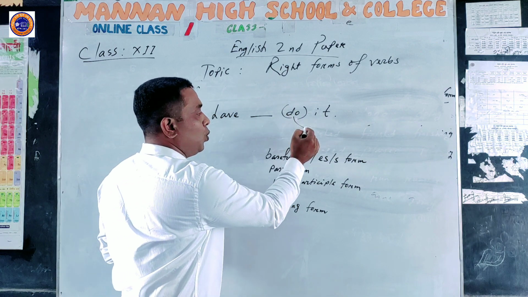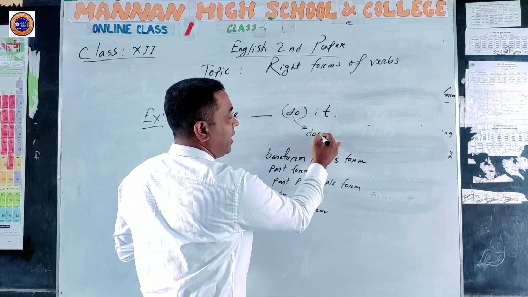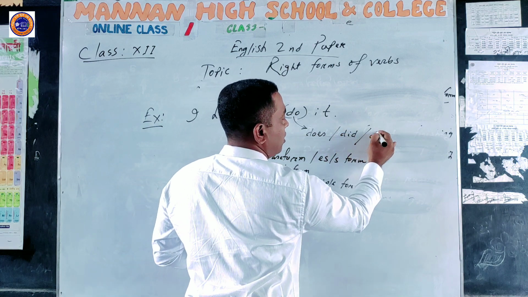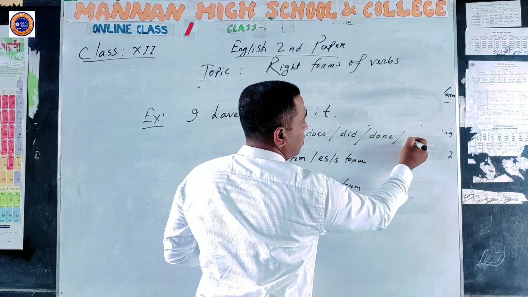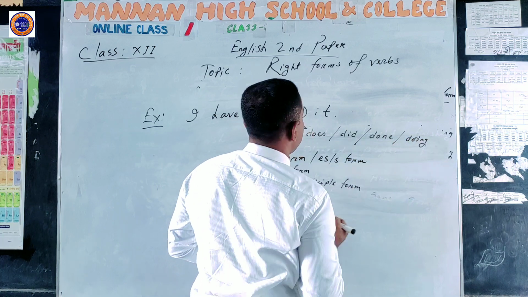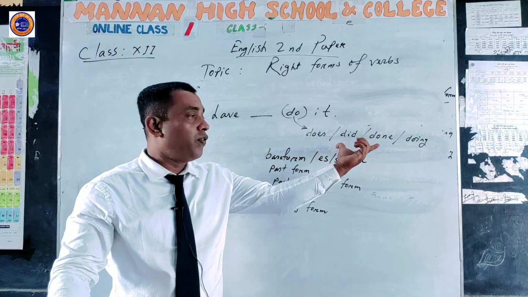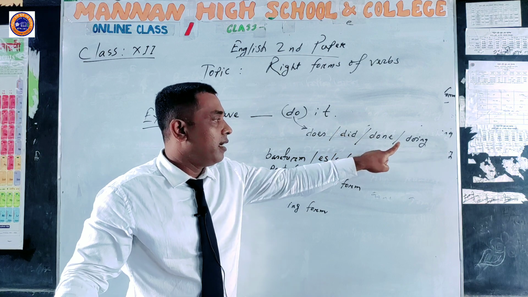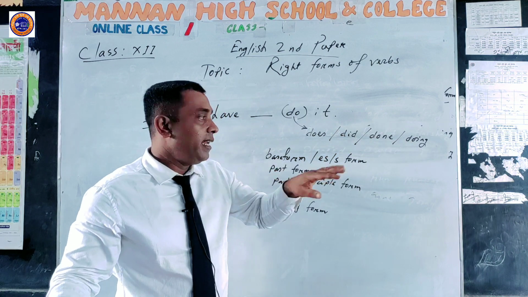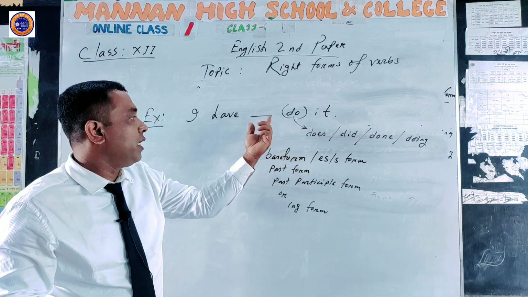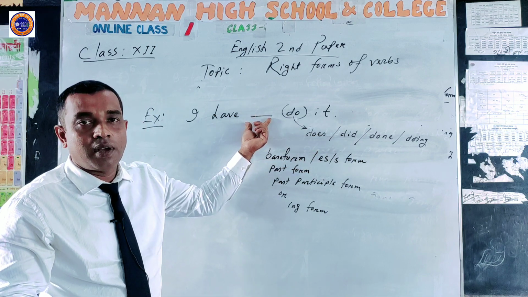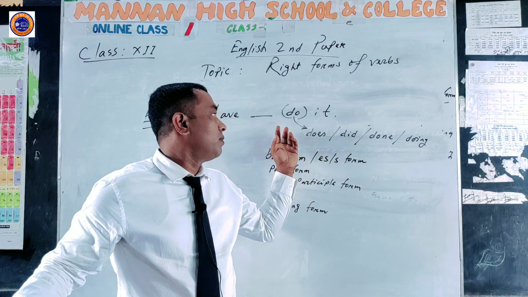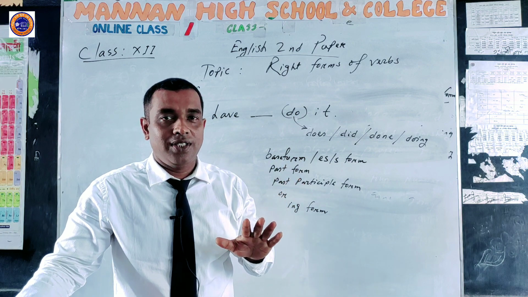That is, this do may be turned into does, did, done or doing. The probable answers are like that: does, did, done, doing. Any of these forms may be used in this gap, but you have to follow some rules in order to answer this question. Do you understand this?